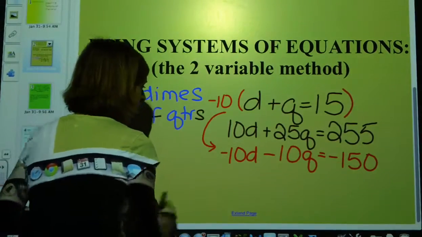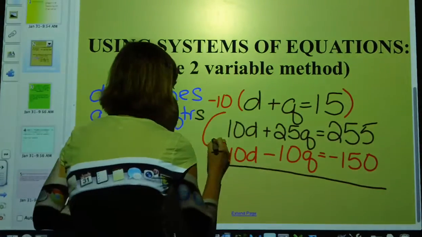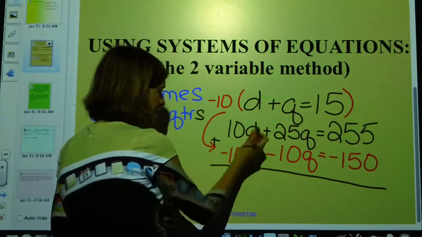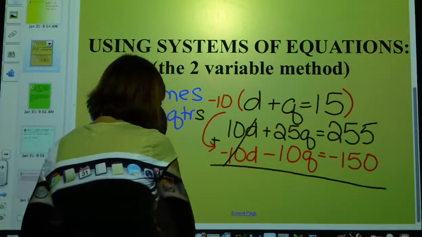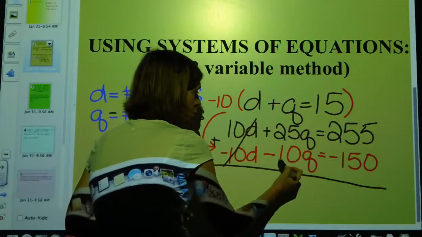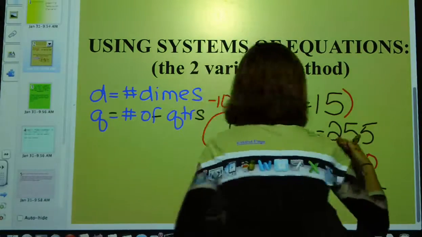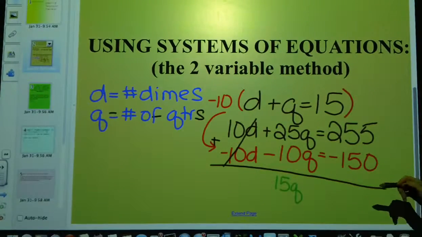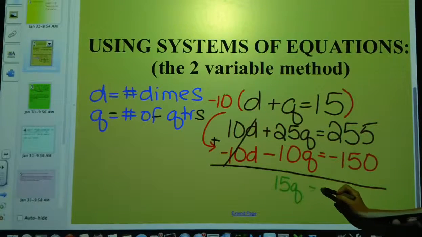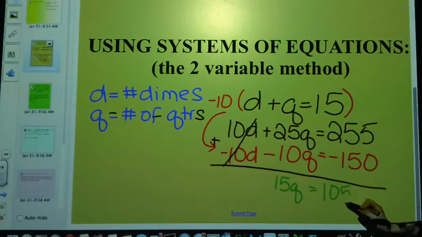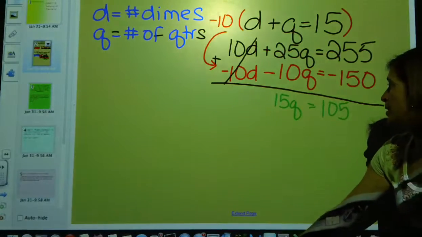Then I can add the equations together. The 10D minus 10D is going to get eliminated. 25Q minus 10Q is going to give me 15Q. And then 255 minus 150 is going to give me 105. Okay? Is that right? Yes.